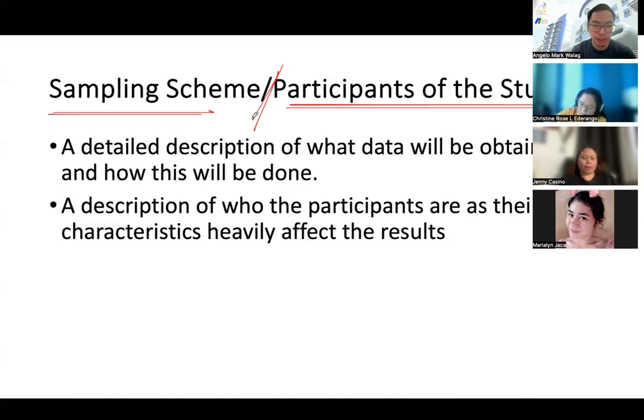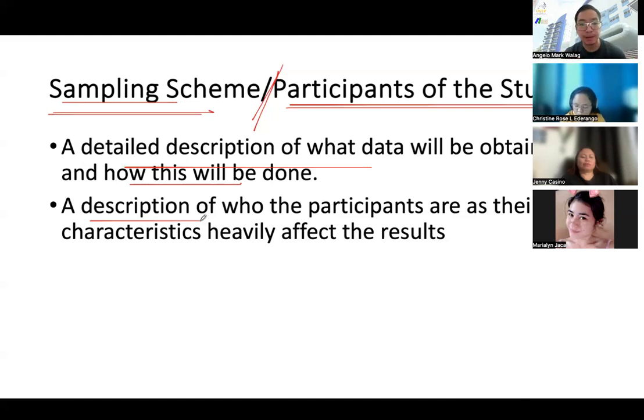Okay, how do we do this? It is a detailed description of what data will be obtained and how this will be done. And that's for the sampling scheme. And then for the participants of the study, it's a description of who the participants are, as their characteristics heavily affect the results. For example, you're interviewing teachers, because that's your participants for the first phase.